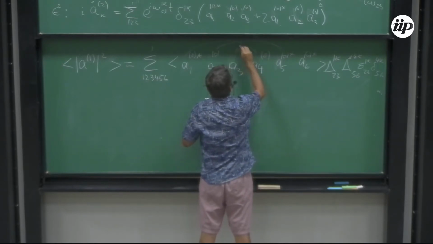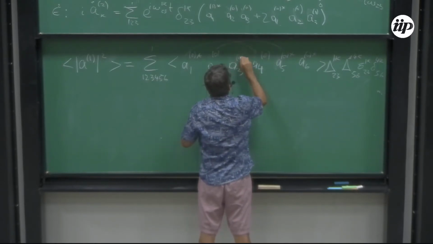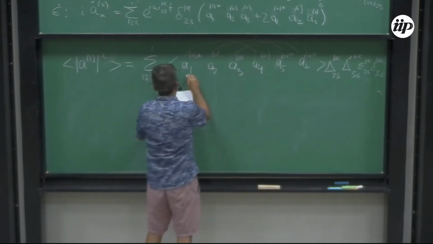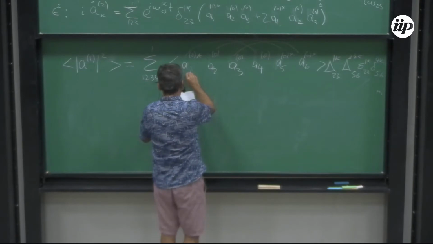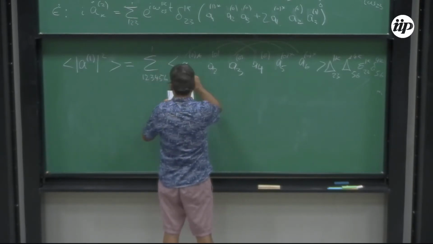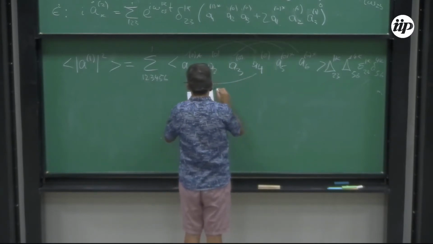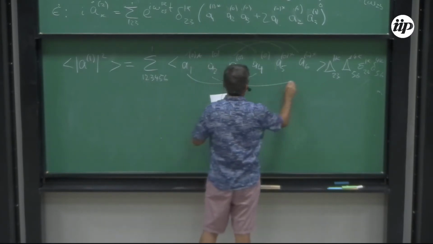And 3 with 6. Or B1 can be paired with 4 again. So B2 with 6.